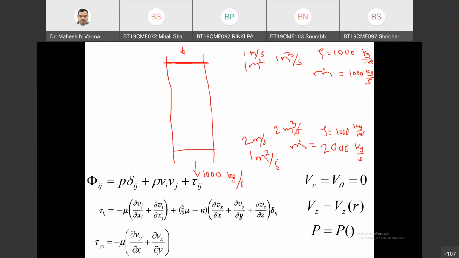Yes, sir. Okay. So this may happen when you consider a packet of fluid. Now this packet is broken down into two parts, and it is filled with air.